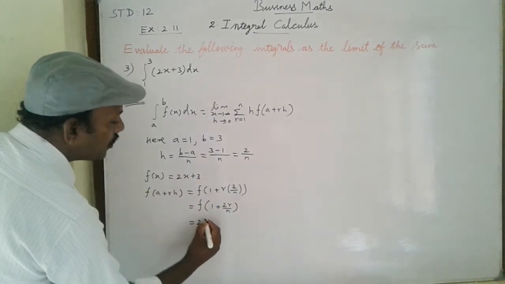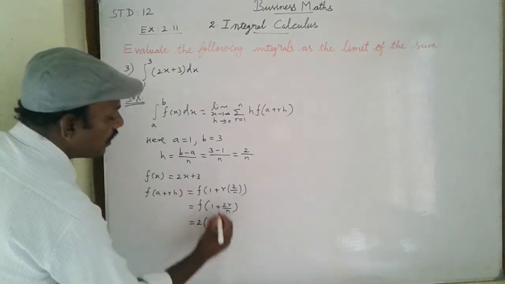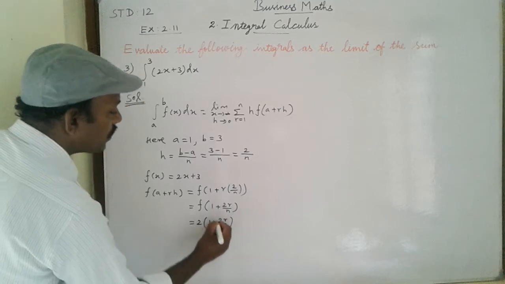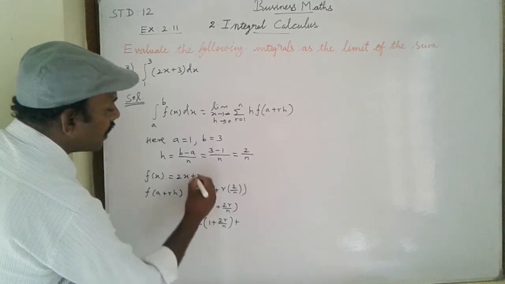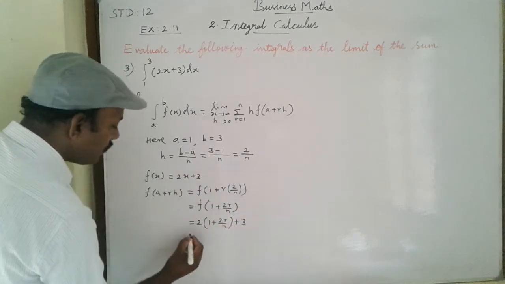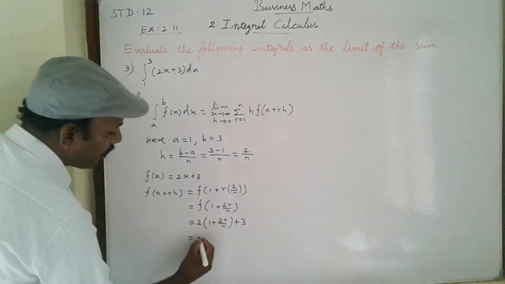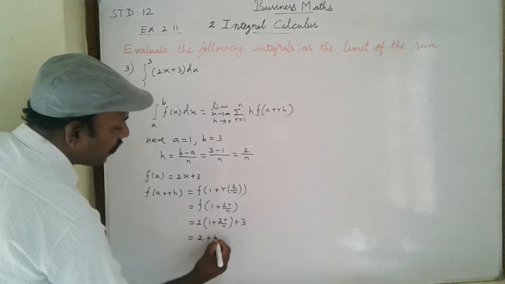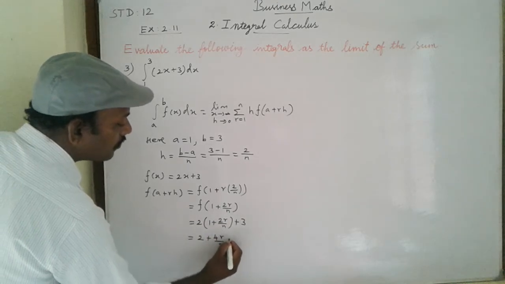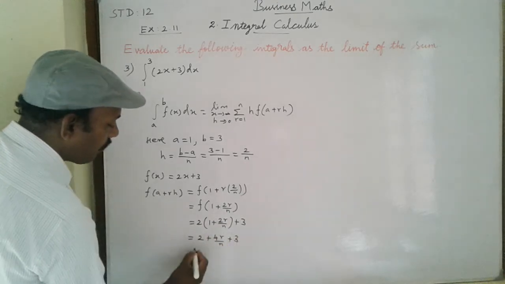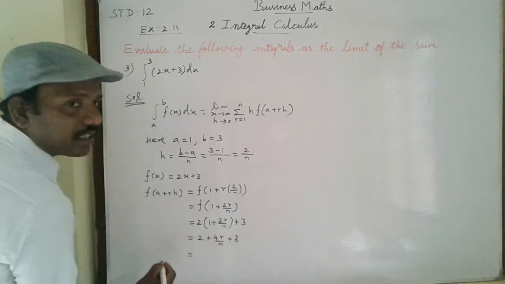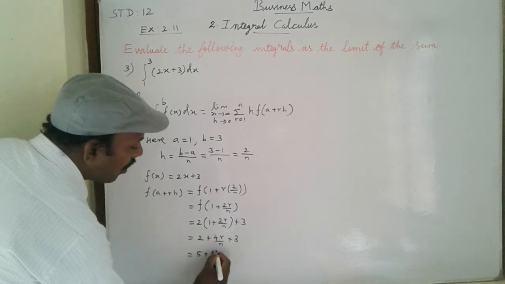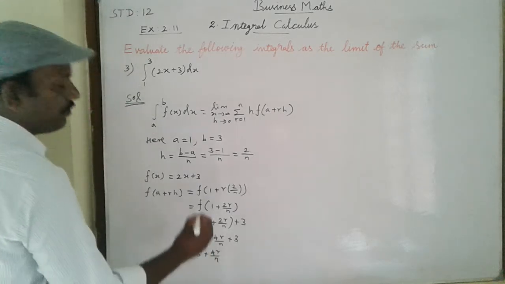Substitute 2 into 1 plus 2r divided by n, x value, plus 3. Multiply: 2 into 1 is 2 plus 2 2s are 4r divided by n plus 3 equals 2 plus 3 is 5, 5 plus 4r divided by n.